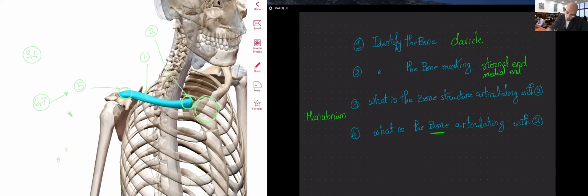What's the name of the whole bone? Sternum. You see the difference here? When asked for the bone structure articulating with 2, you mentioned the manubrium, the specific part. And when I'm asking about the name of a bone, don't forget to mention the name of the whole bone.